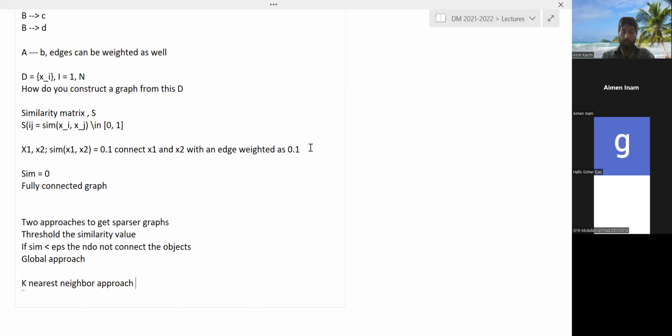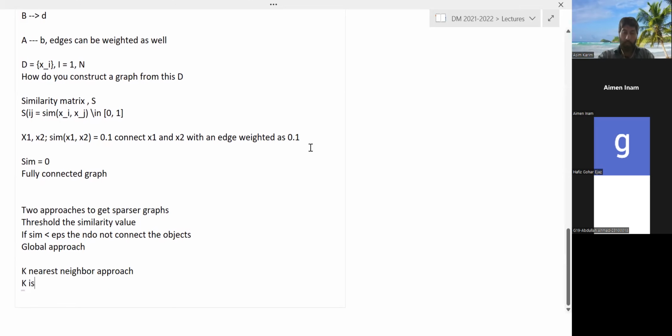So instead of fixing the threshold for similarity, we fix the number of the most similar objects that we want to connect for each object. So K is the number of neighbors to connect.